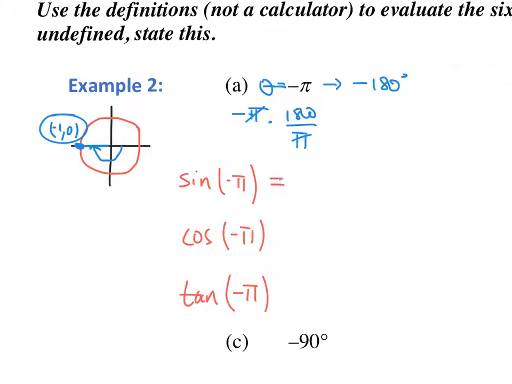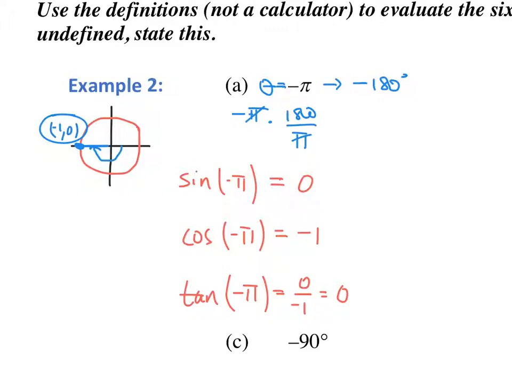So sine of negative pi is equal to 0. Cosine is your x value. So what is the x value at our point? Negative 1. And then tangent is your sine over your cosine, or your y over your x. So what is 0 divided by negative 1 the same thing as? 0.